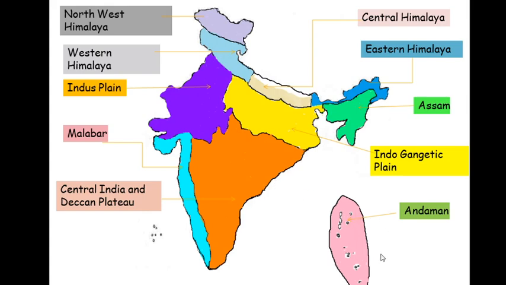Then the last one, floristic zone number 10, is the Andaman, which is composed of 527 small islands of different sizes together. This is also very rich in biodiversity, and some accounts consider the Andaman and Nicobar Islands as a biodiversity hotspot, but not according to Norman Myers' system of classification.